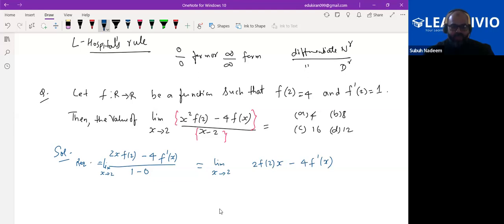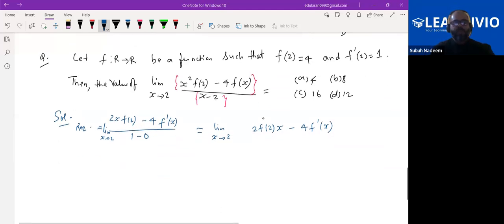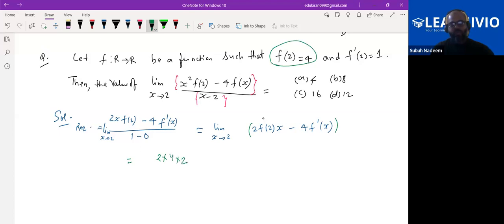Okay, someone has given the answer. Levin is saying it is option C. Okay, Levin, let us see. So if we calculate it further, let us put x as 2. So this will be 2 into f(2), which is given as 4 in the question, so 2 into 4 and x is 2. Minus 4 into f'(x), and x we put 2.